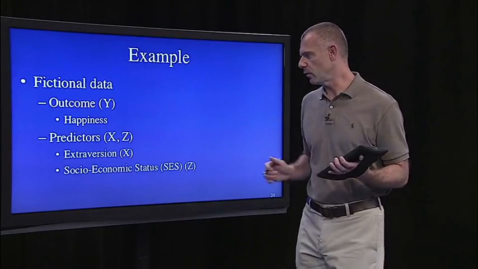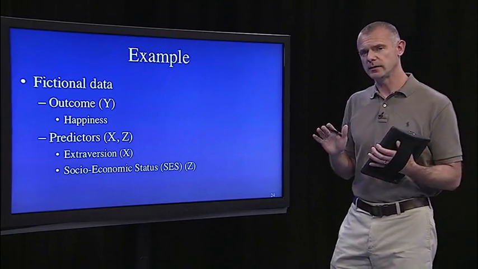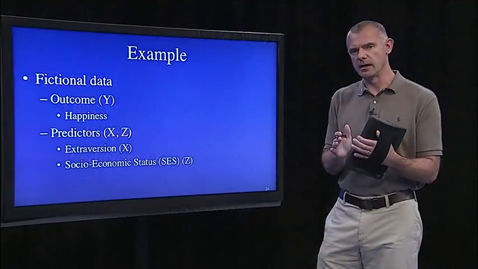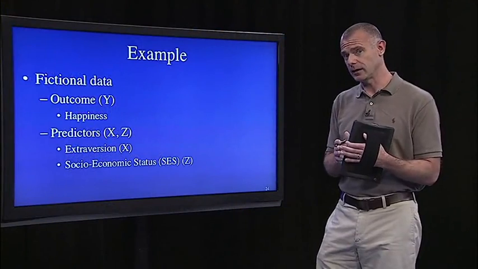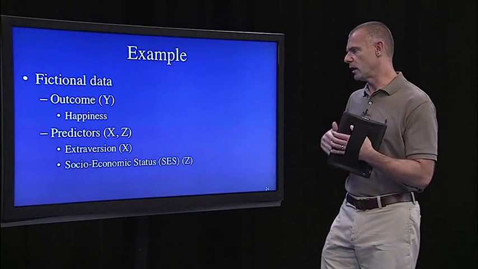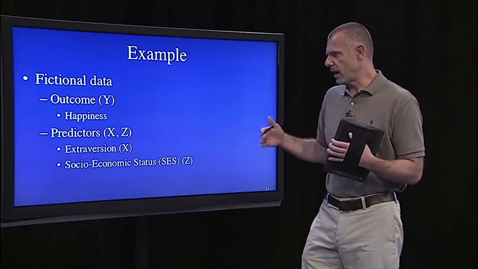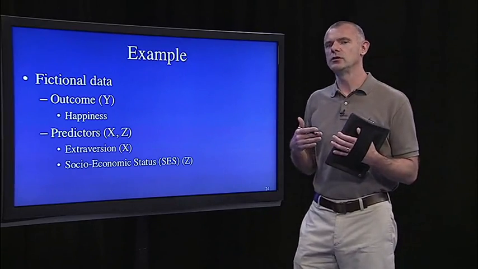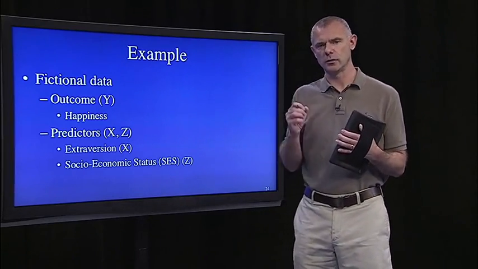And again, here's the example. For this moderation analysis, I'm going to leave out the mediator. That was diversity of life experience. We're just going to leave that out of the analysis. We're just going to focus on now that direct effect of extroversion on happiness, but adding in this potential moderator, socioeconomic status. Again, go back to the last lecture, Lecture 11, where we talked about, well, maybe we see this positive relationship between extroversion and happiness, but maybe that's only true for people with higher socioeconomic status.